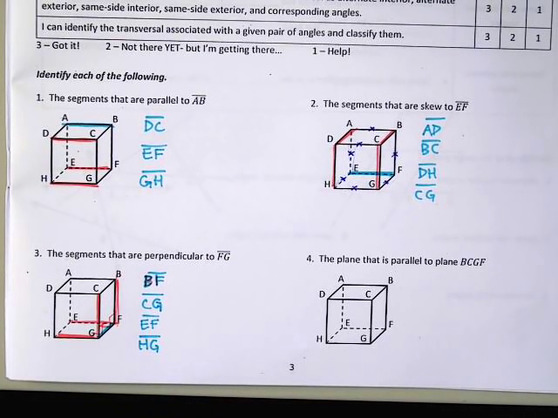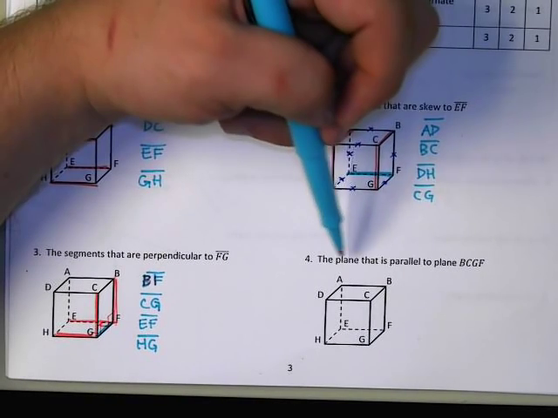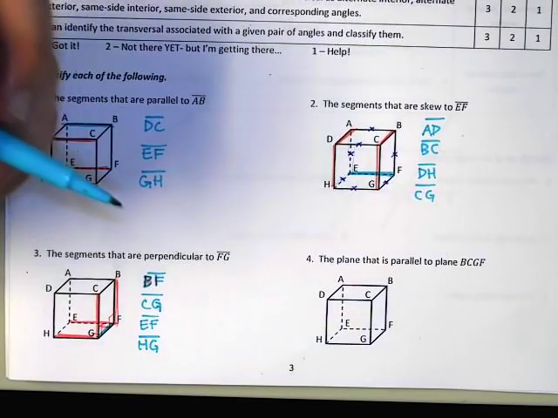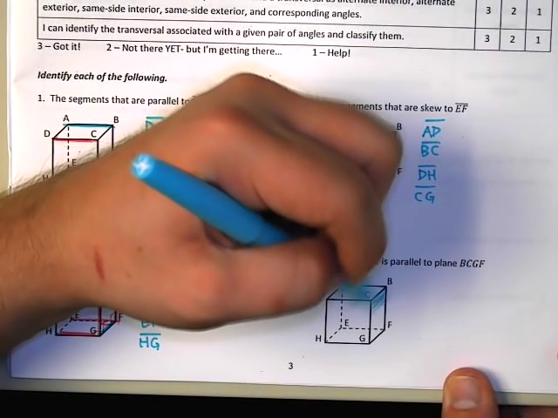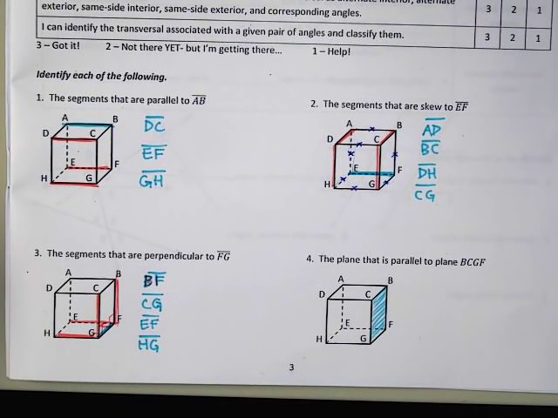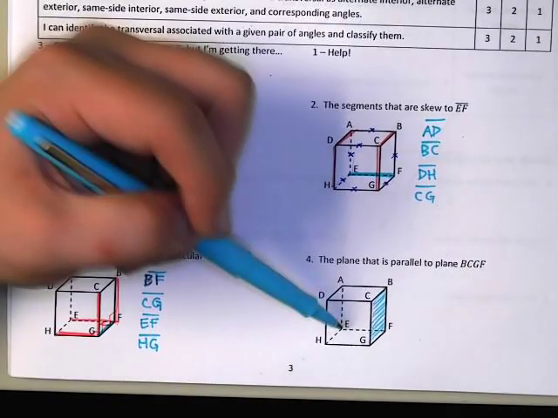Now, I've probably lied. I think that 4 is even easier than number 1. If I'm trying to find the plane that is parallel to plane BCGF, well, let's find BCGF. That's right here. There is only one plane that is never going to touch that plane, right? We know that the top is touching, same with the bottom, even the front and the back.